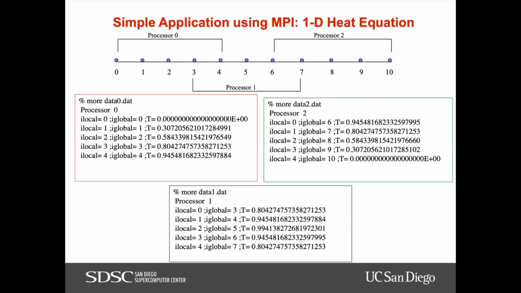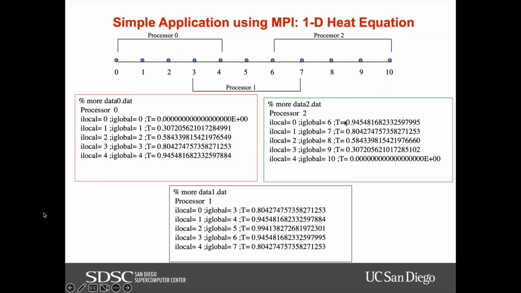So if you look at the solution, you should see something like this. I have to debug this probably for some other time. But basically, you should see processor 0 with these values. So you have 0, 1, 2, 3, 4 with these values.